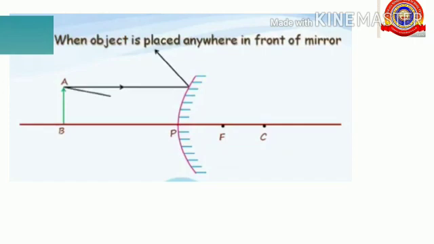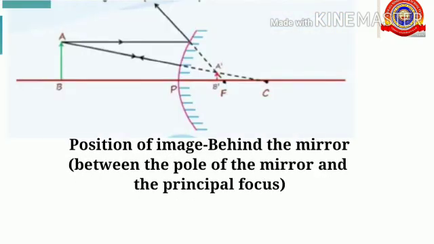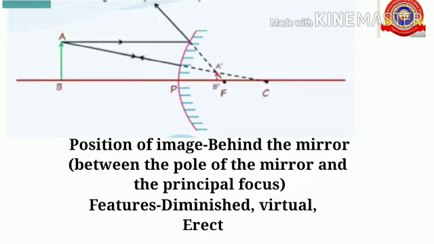Here, a ray of light parallel to the principal axis appears, after reflection, to come from the principal focus, and another ray of light directed to the center of curvature is reflected along the same path. Here, the two rays appear to meet at a point behind the mirror. So here the position of the image is behind the mirror, and the features are diminished, virtual and erect.